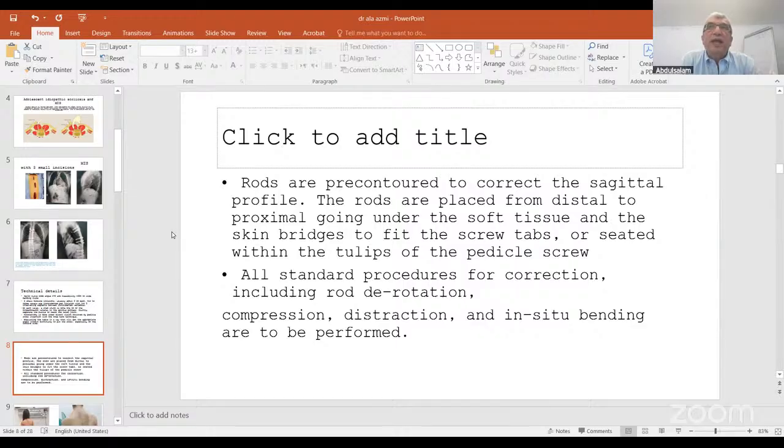If you feel you cannot do it with the small incision, open your incision more. Don't compromise your correction or your fusion with the less invasive technique.